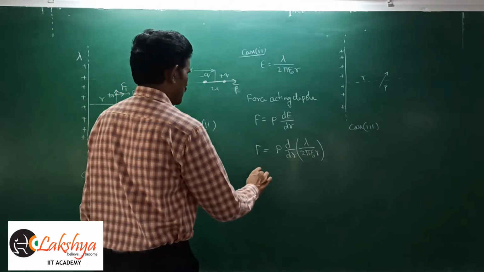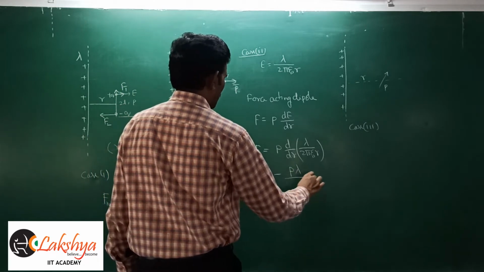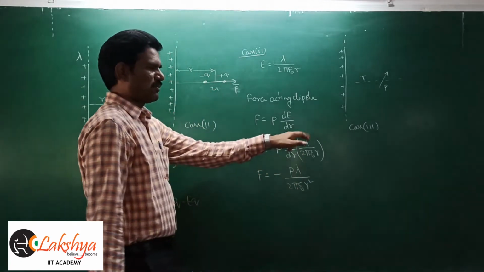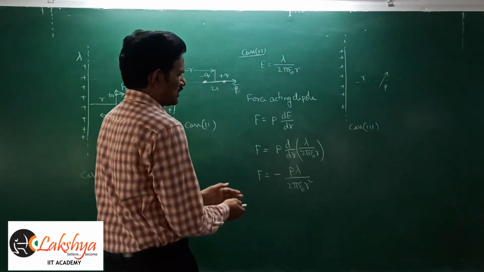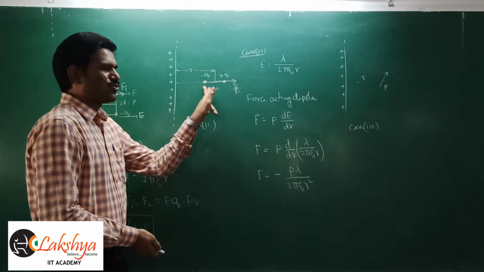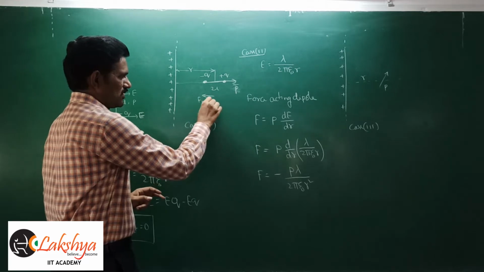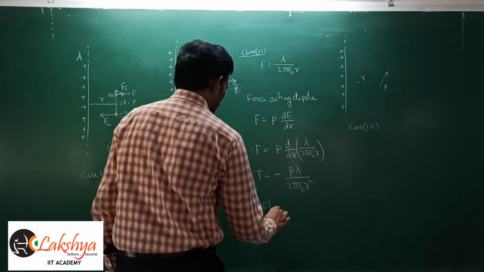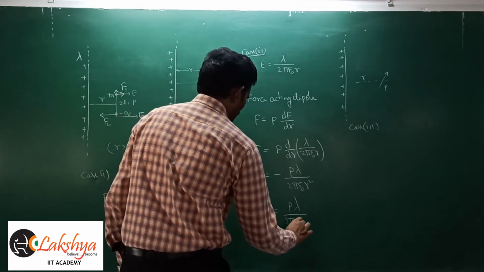Therefore this can be expressed as minus P lambda by 2 pi epsilon naught r square. That means the differentiation of 1 by r is minus 1 by r square. The negative sign indicates that the force between them will be an attractive force, because here the negative charge is closer to the line of charge and so the net force will be along this direction here. That is the conclusion we are getting here. And so the magnitude of force is P lambda by 2 pi epsilon naught r square.